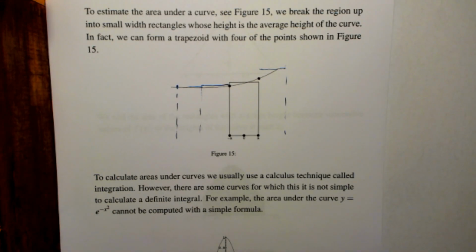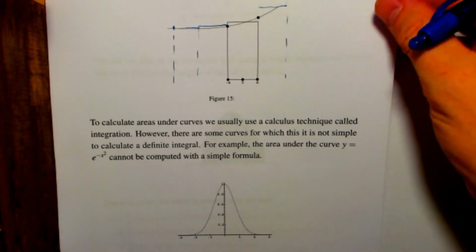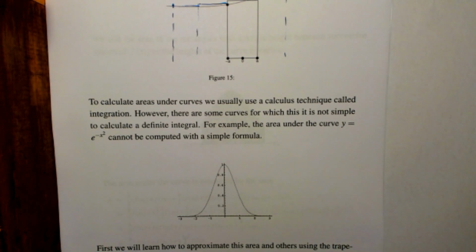So if we were to calculate the area under a given curve, we would usually use calculus, a technique called integration, but there are some examples of this where it's not so simple, or the formula that you get using integration is not so readily useful. So for example, the area under the curve y is equal to e to the power of minus x squared, where e is the base of the natural logarithm, 2.718281828, and then the numbers are different after that.